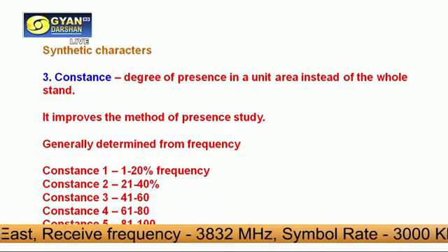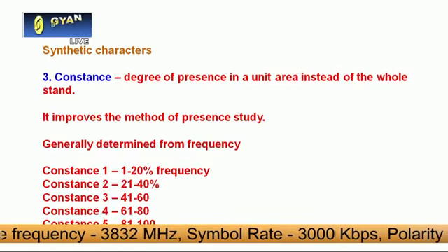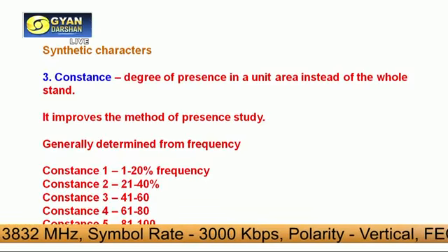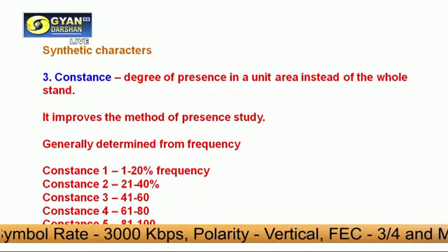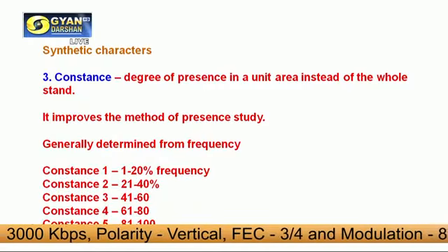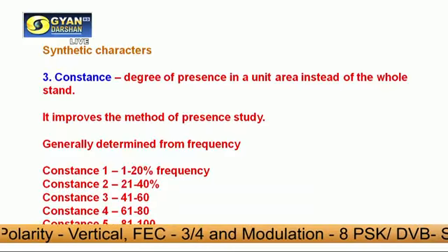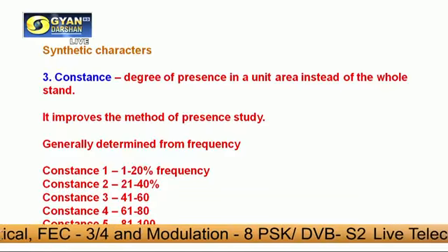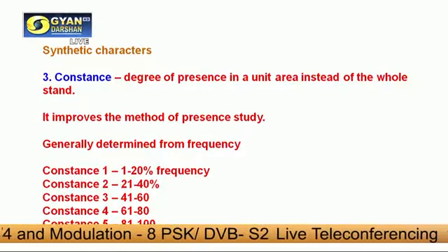Then we call it constance. So it improves the method of presence study. Again, constance 1, 2, 3, 4, 5. You have these 5 groups: 1 to 20%, 21 to 40%, 41 to 60, 61 to 80, and 81 to 100. Again, they have given the 5 groups.